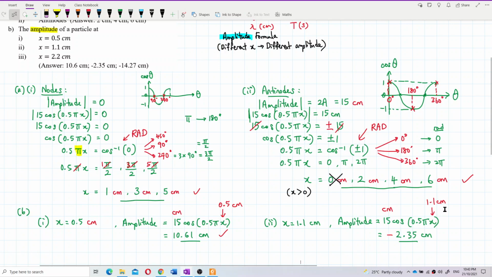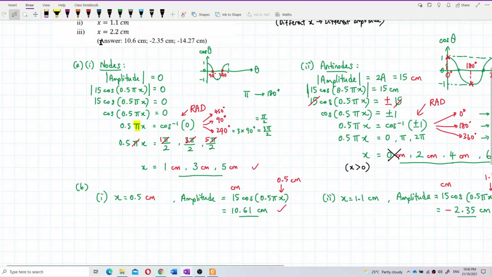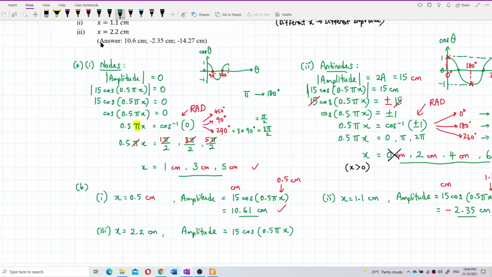Okay, now look at the third one, when x is equal to 2.2 centimeter. So what's the amplitude? Similarly, just use the amplitude formula, 15 cosine 0.5 pi x.